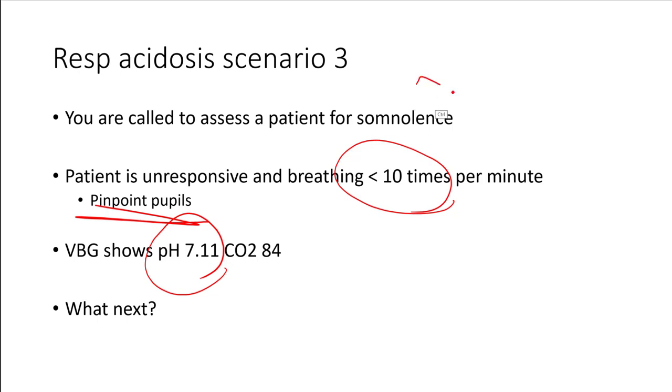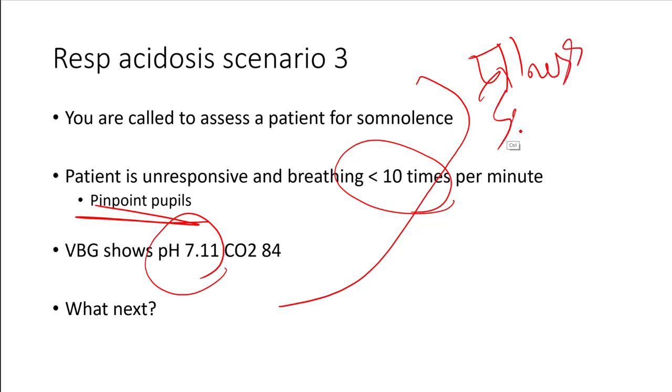To me, again, this is an illness script, okay? So to me, this describes someone who is excessively sedated, and unless they have a history of COPD, but even in that case, the fact that they're breathing less than 10 times a minute and have pinpoint pupils makes me concerned that there's a contribution of opiate overdose here.